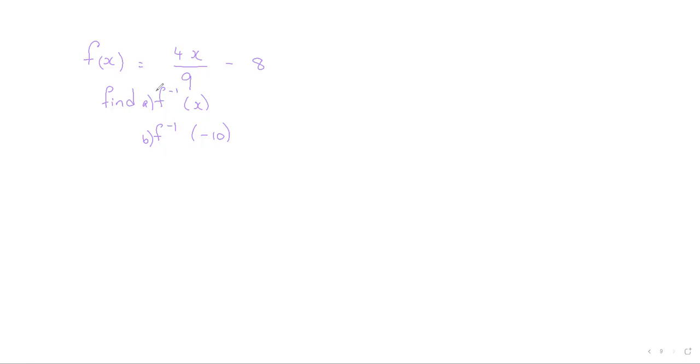Now, once you see to find f inverse of x, remember to LIC. Basically, L means you're going to let y equal the function. So instead of f of x, you're going to have y is equal to what the function is, which is 4x over 9 minus 8.